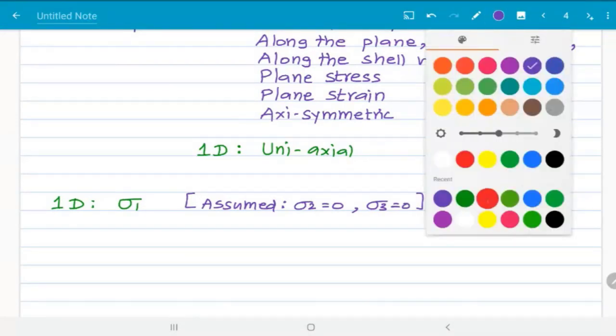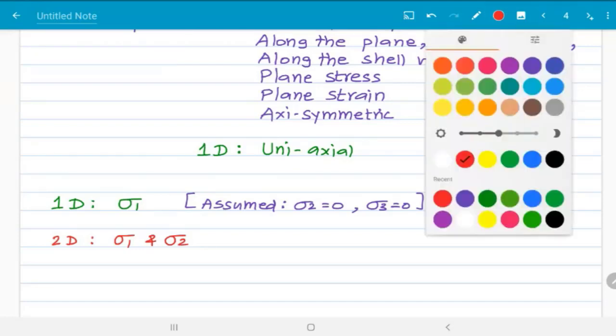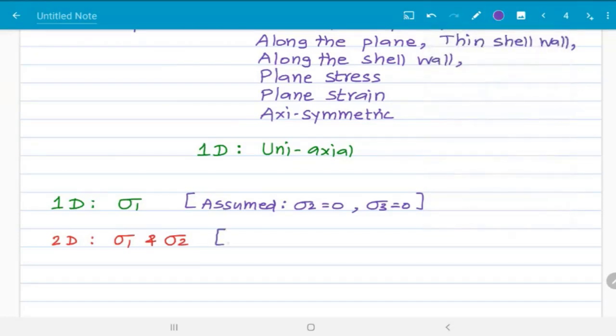Then for 2D, sigma 1 and sigma 2, two principal stresses will be there. Then we will assume sigma 3 is equal to 0, an assumed value.